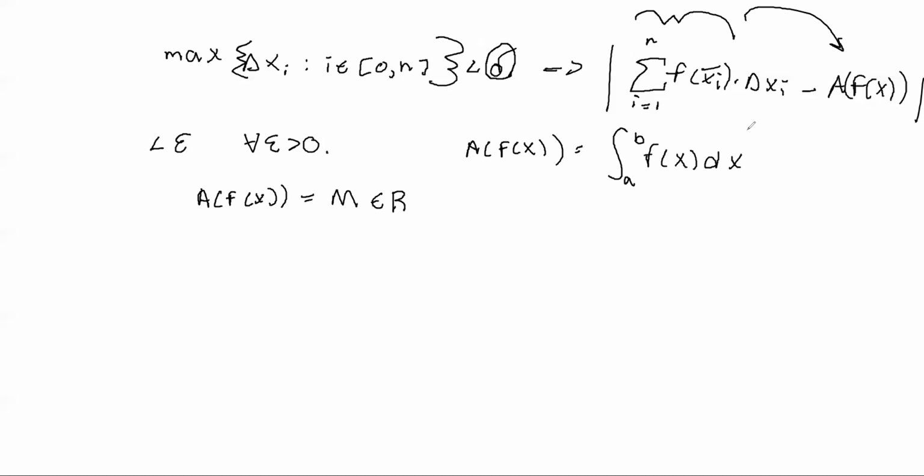And if this condition holds, we say that the area of f of x is equal to the integral here. So one way to think about it is that this becomes our integral at some point. To illustrate the idea, what we could do is look at an example.